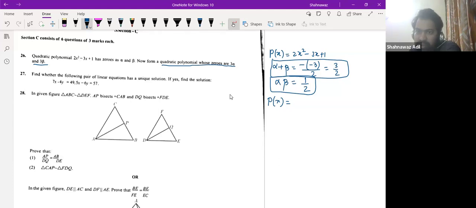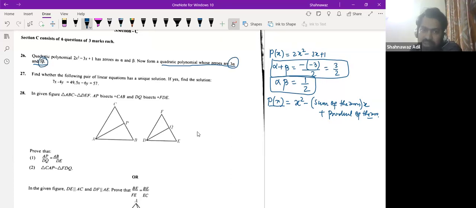No, no. So you see that we have to find out x square minus sum of the zeros into x plus product of the zeros. This is the thing that you have to find out, right? But for which polynomial? Whose zeros are this and this?